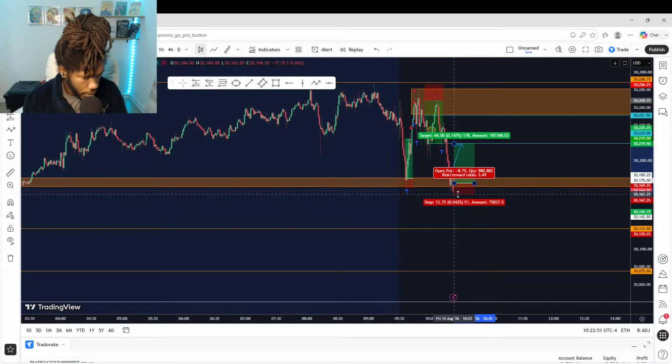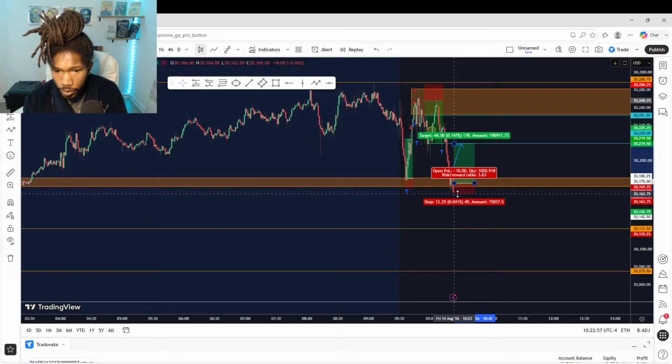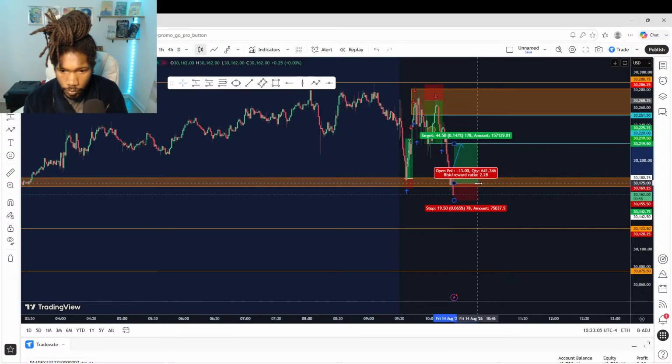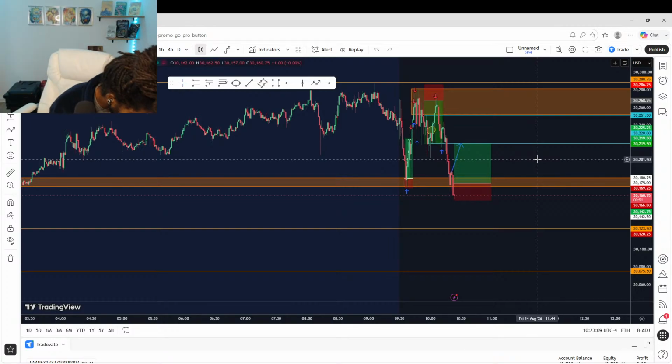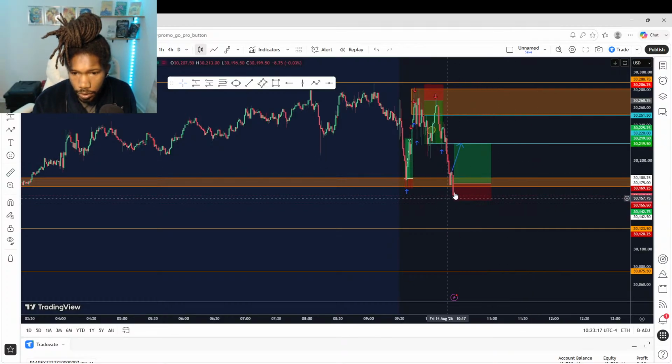So far, 163 is the low of the market. Like 162.75. So 50. Let's go 70. 79. That will be the stop. If price were to come back up, wait, hold up. We just gotta adjust it as price action matures. 171 is the entry now.